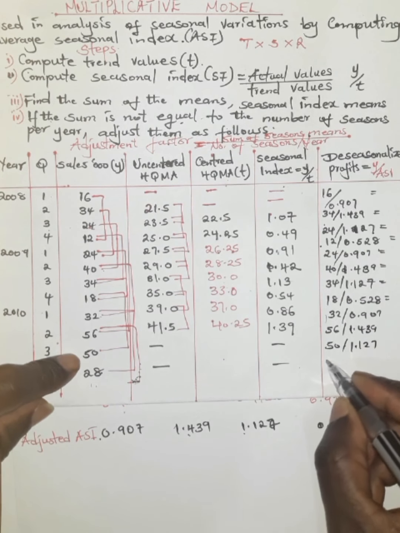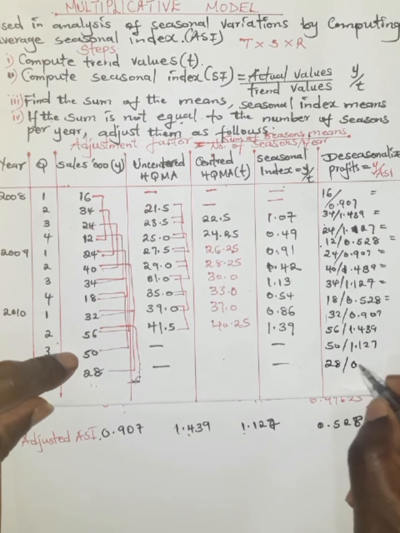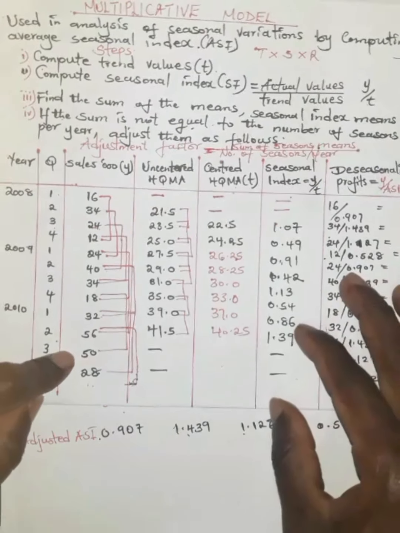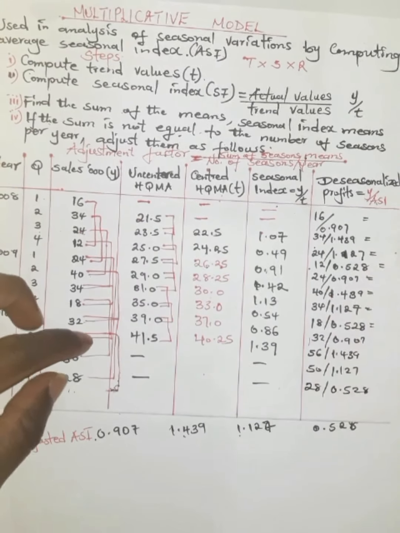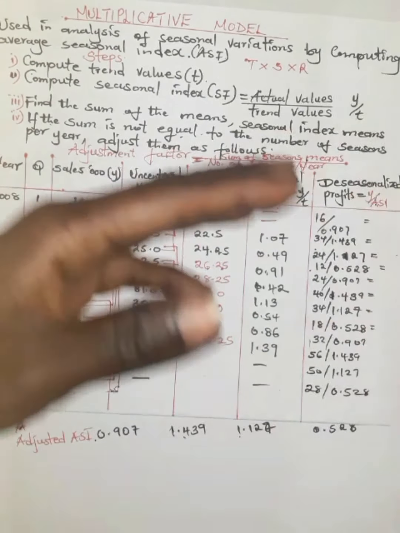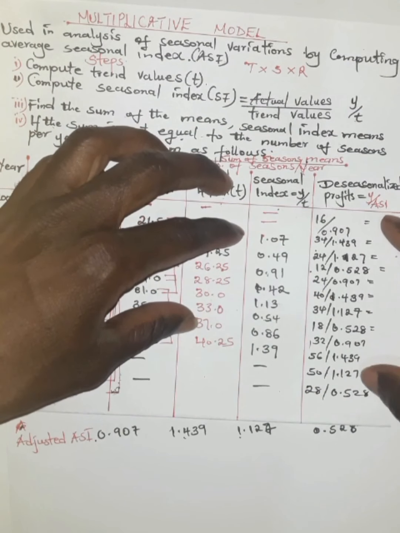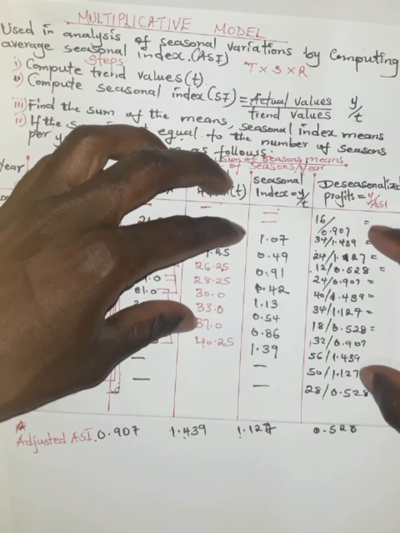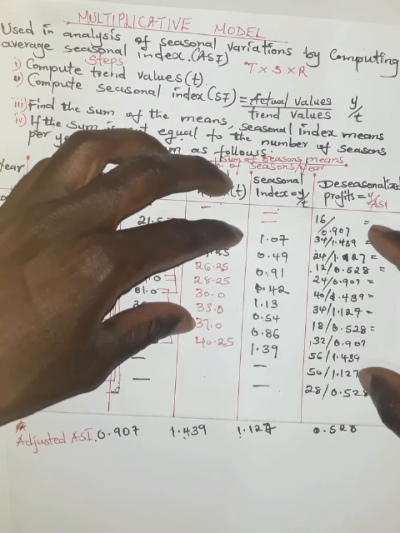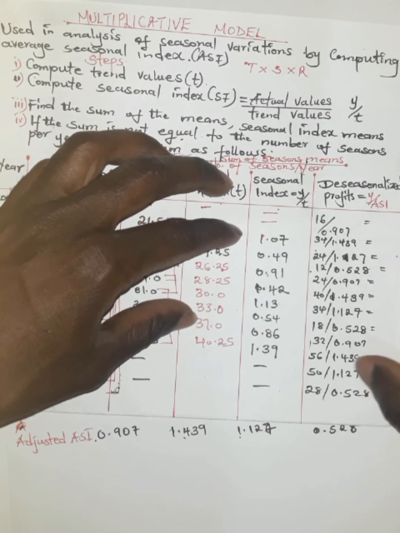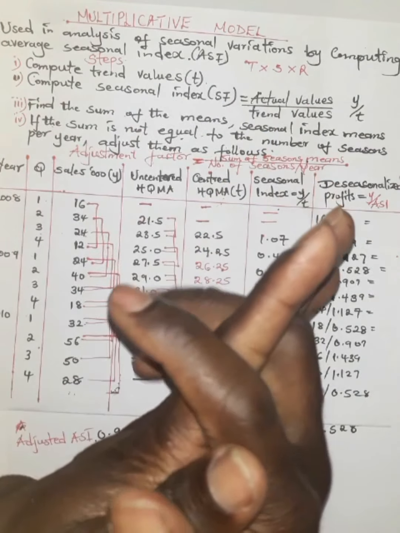And then lastly we have 28 divided by 0.528. So compute the answers, and those will be the deseasonalized profits. So these profits that you arrive at after working this mean the effect of seasonal variations has been removed from them, and therefore they can have some smooth element of prediction.